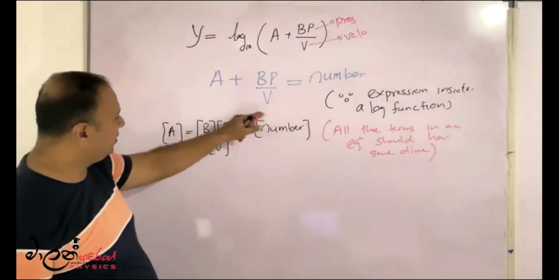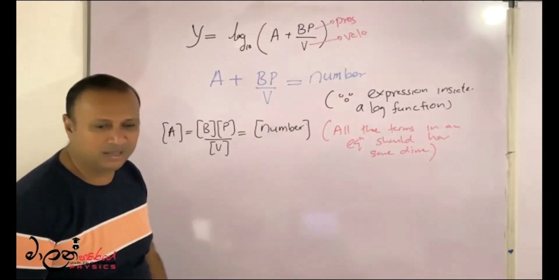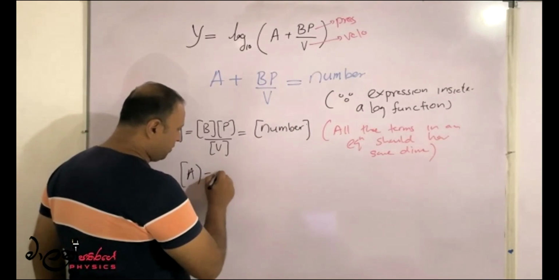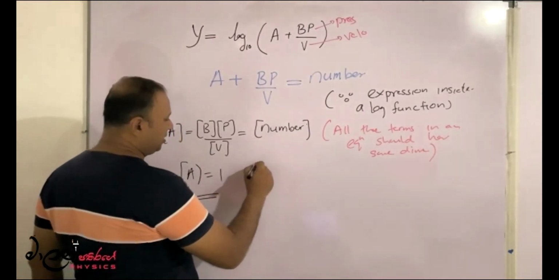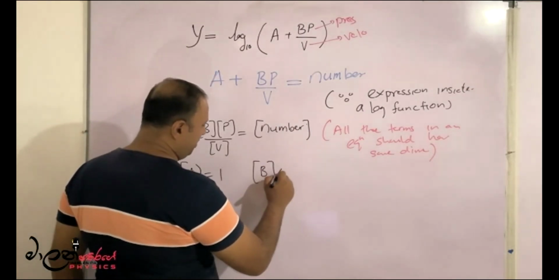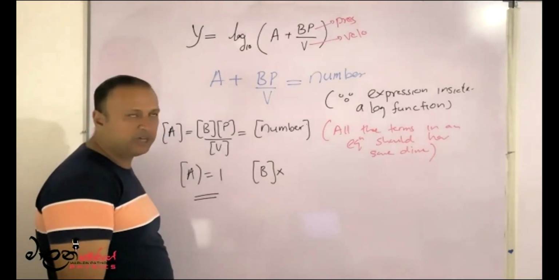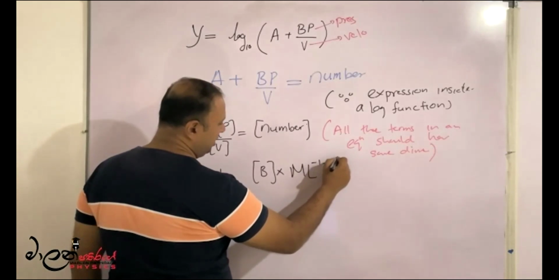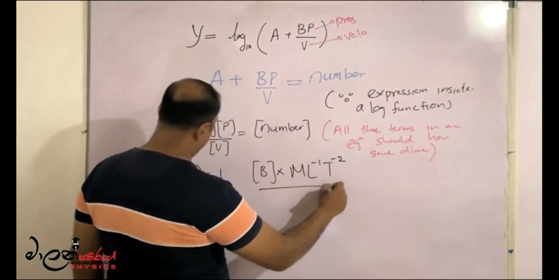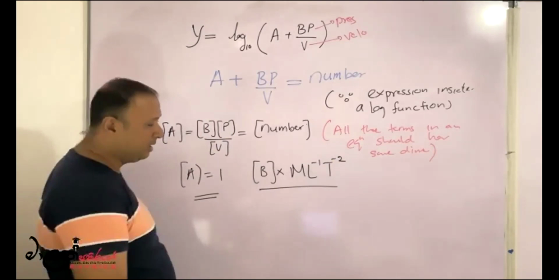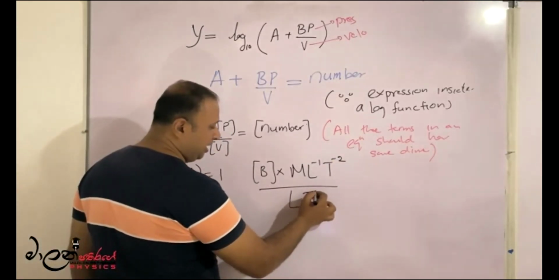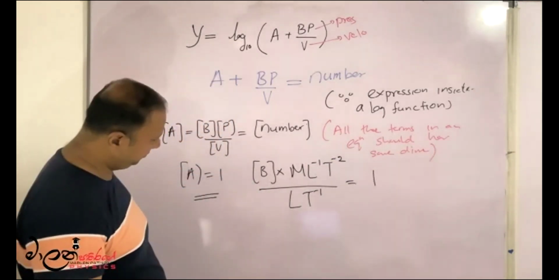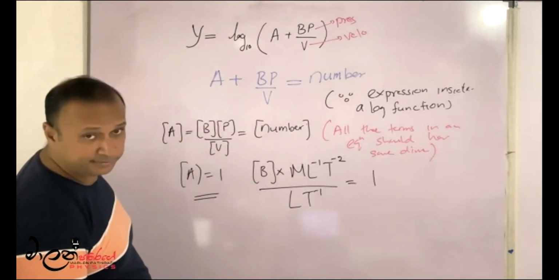So now you can equate these two and these two separately. Therefore, dimension of A is equal to 1, and dimension of B into the dimension of pressure, which is M L to the power minus 1 T to the power minus 2, over dimension of velocity. Dimension of velocity is L T to the power minus 1, and that is equal to 1.